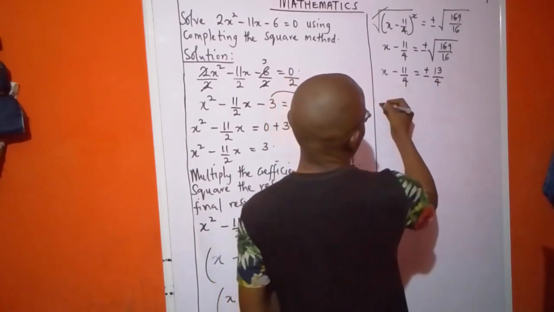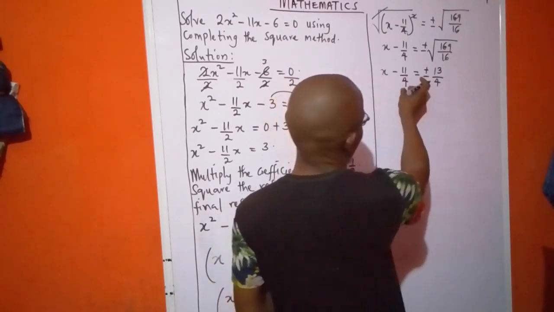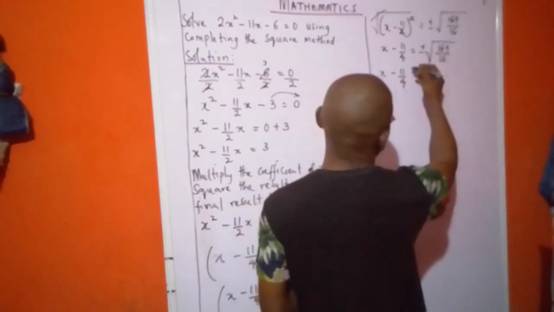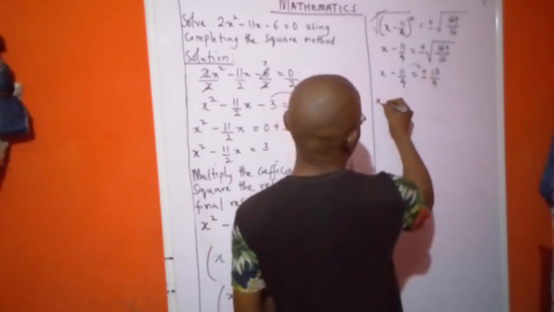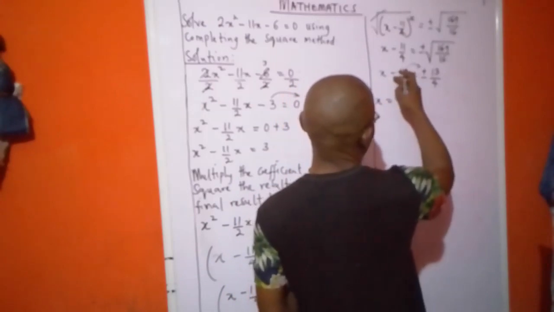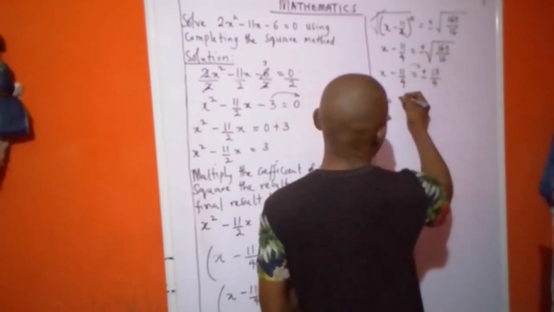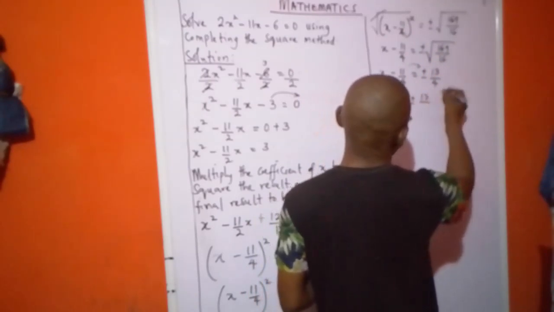So since we are looking for x, let's take this to the other side. So x is equal to, this is minus 11 over 4, so when it gets here, it will be plus 11 over 4 plus or minus 13 over 4.